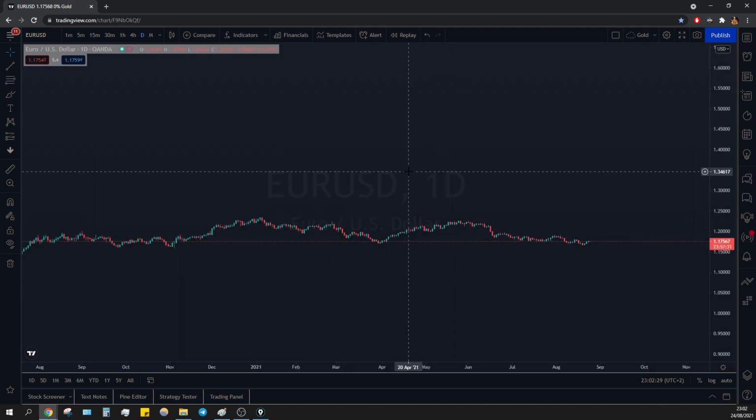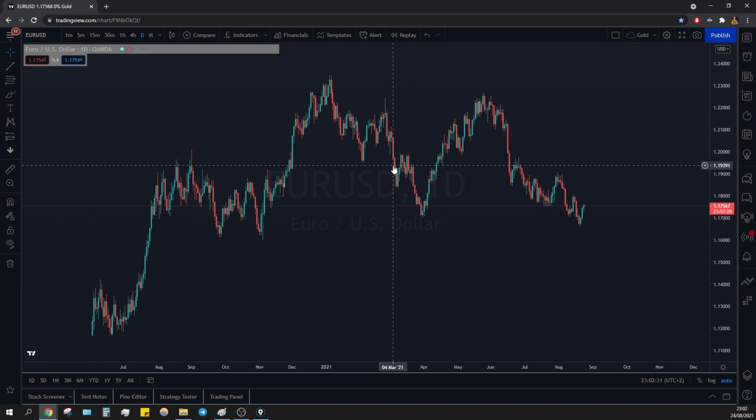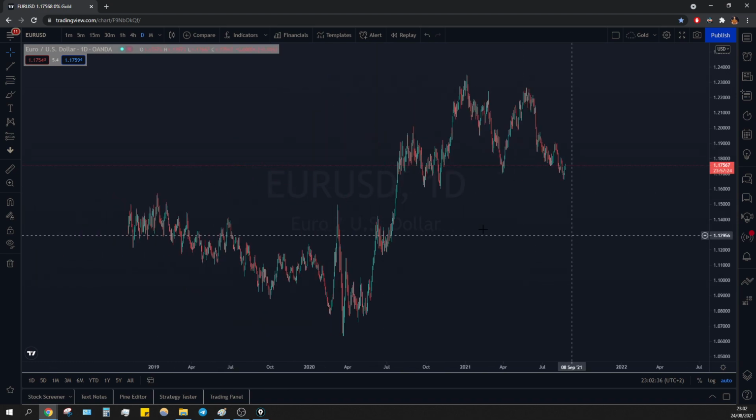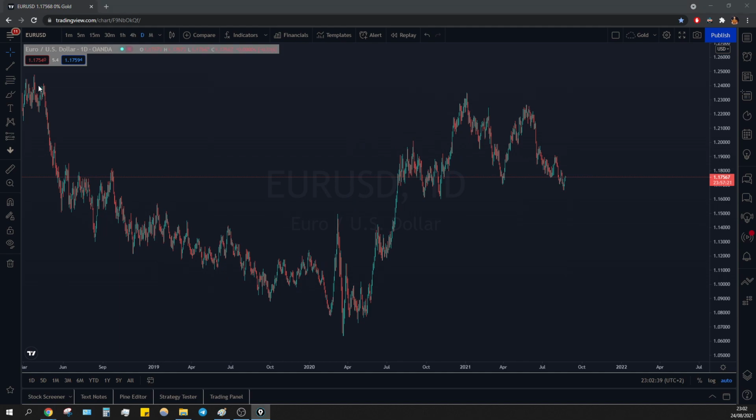So tapering, interest rate hikes, supply, demand, etc. So as you can see, as I was showing you, coming from this impulsive break below, we had some retest, failed to make new highs, continuation down, coming towards 2019, clear bearish trend, as you can see, lower high, lower lows, lower high, lower lows, 2020.